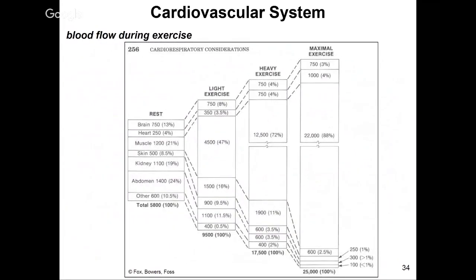And finally, blood flow during exercise. If you've ever eaten a big meal and then tried to go do exercise, then you experience the tug of war that happens within your body.